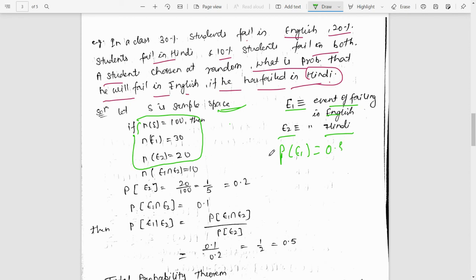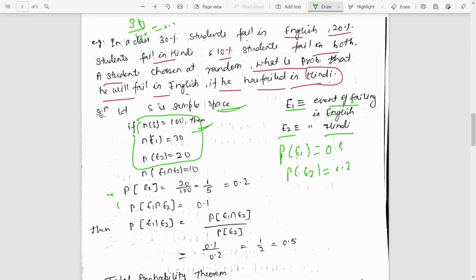Probability of E2, Hindi, is 0.2. Or you can calculate within 100 and get the same answer. Let's say 100 students are there, 30% fail in English, so the probability is 30 by 100, the same 0.3. You can just convert the percentage itself into a probability.